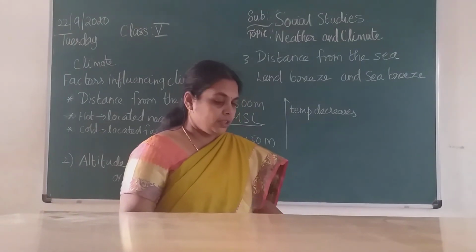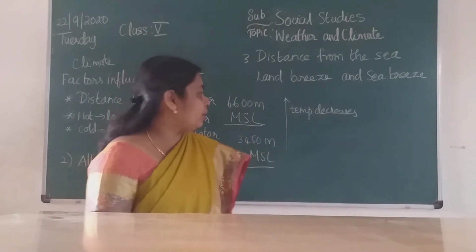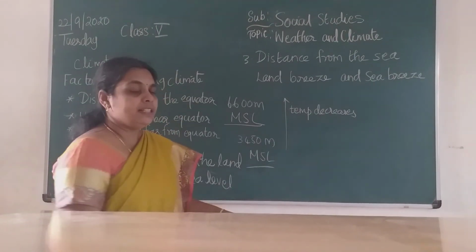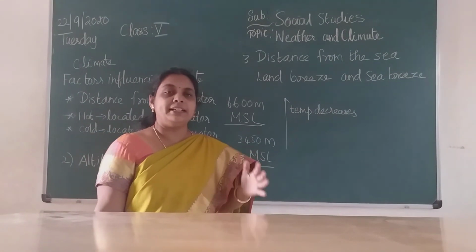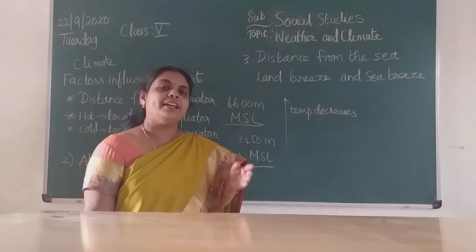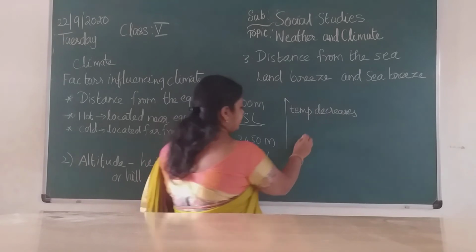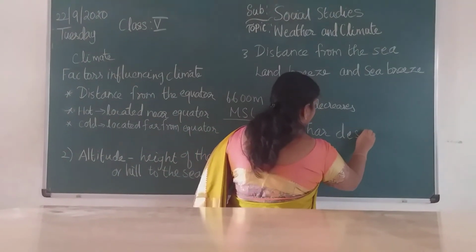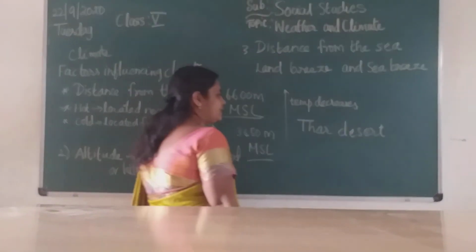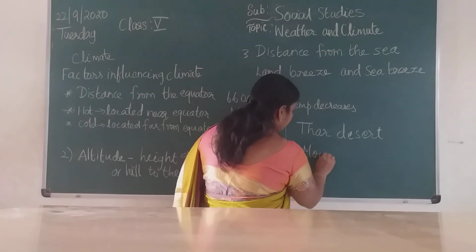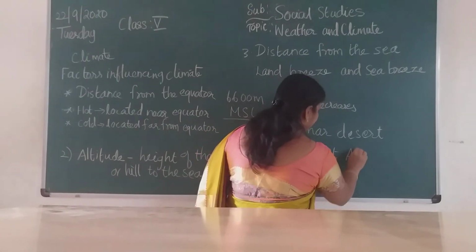Okay. So one more example I wanted to give you for this altitude, children. In your textbook it is given. We know that Thar is a desert in Rajasthan, but we have a hill station also in Rajasthan. They are on the same latitude. Thar desert is in Rajasthan, okay. Mount Abu is a hill station in Rajasthan.